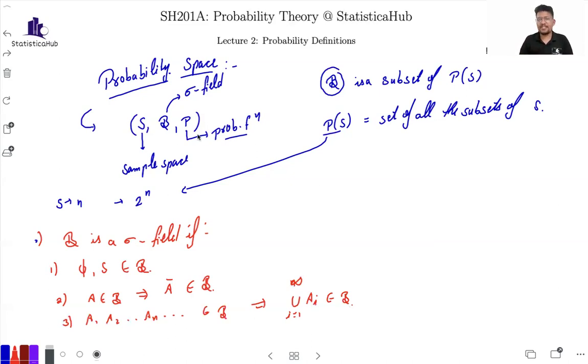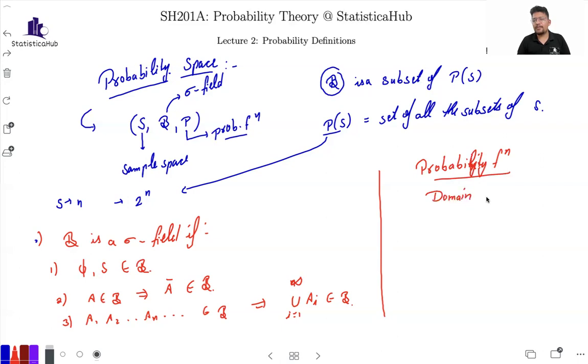To define a function, you have to define what the domain is and what the range is, correct? So if it is a function, there will be some domain and some range.